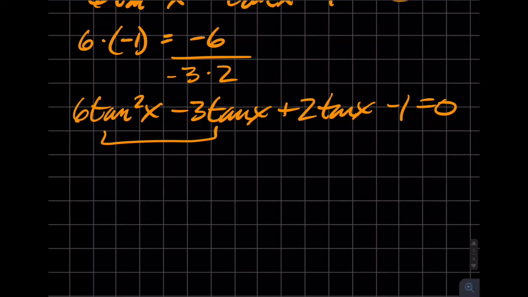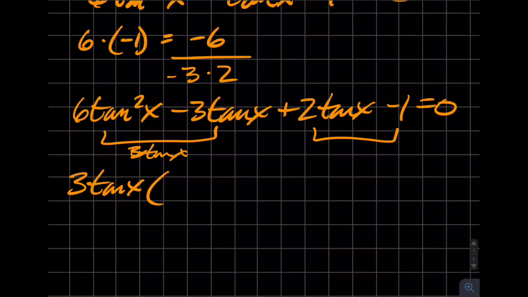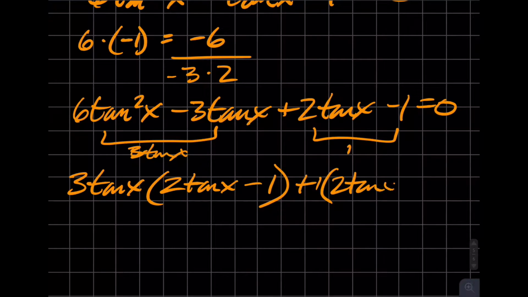I'm going to group these two guys together and group these two guys together. And from this pair, I'm going to factor 3 tangent x. And so I get 3 tangent x times what's left, which is 2 tangent x minus 1, plus, and I'm going to factor a 1 from that guy, so I just have plus 1 times 2 tangent x minus 1 equals 0.